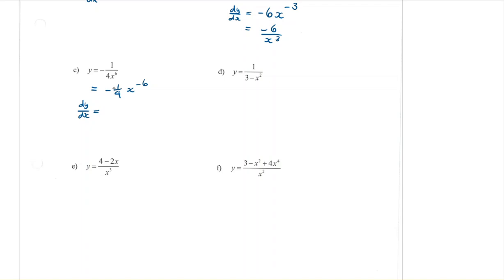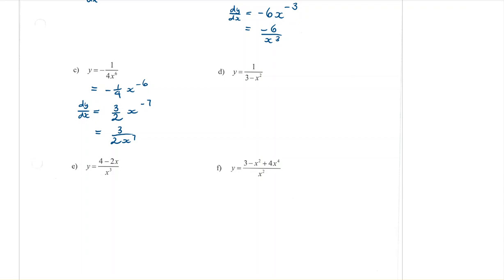Minus 6 times with the minus 1/4 to be a positive 3 over 2. X is the base, subtract 1 from the power makes minus 7. To put it back into fraction form, the 3 is on the top, the 2 is on the bottom. The negative power of x here, we're going to move that to the bottom to be x to a positive power of 7. And that's it.